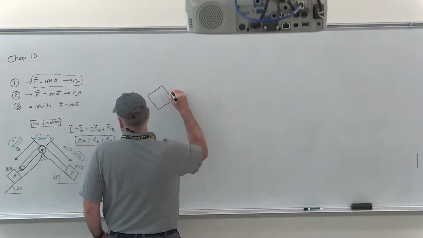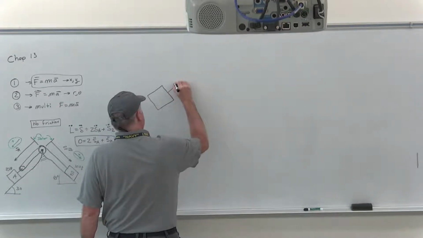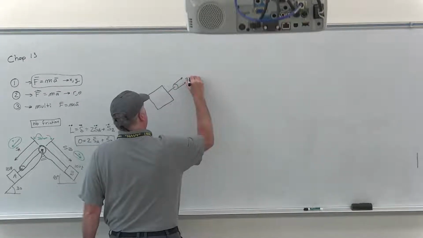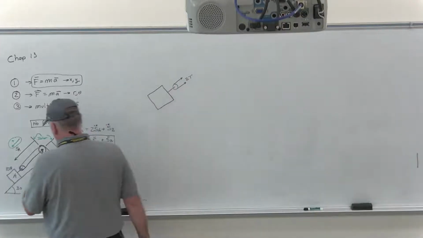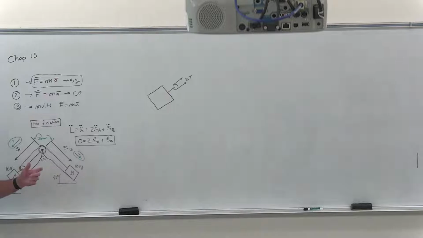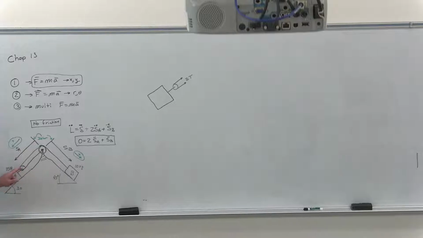Over here, I end up with 2 times the tension. The pulley here and the pulley here have no mass. If they did, it would make it complicated. Turns out the tension in the rope is the same all the way through, so I can put 2T here and a T over here.